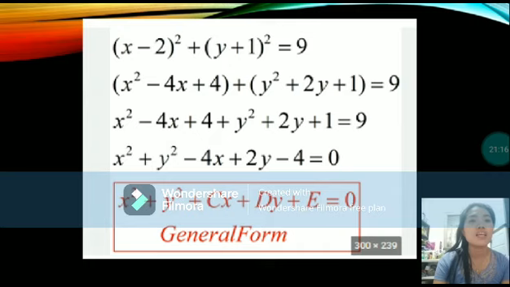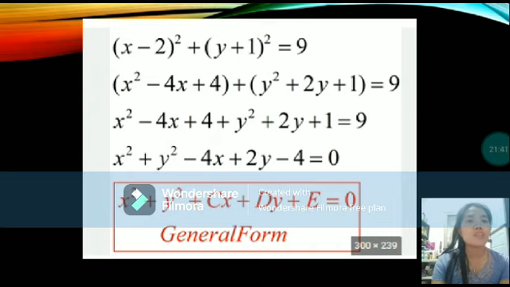How does it look like? For the standard form, that is (x minus 2) squared plus (y plus 1) quantity squared is equal to 9, that is if the center is at (h, k) and the radius is 3. So, to make it in general form, all we have to do then is do like this one.